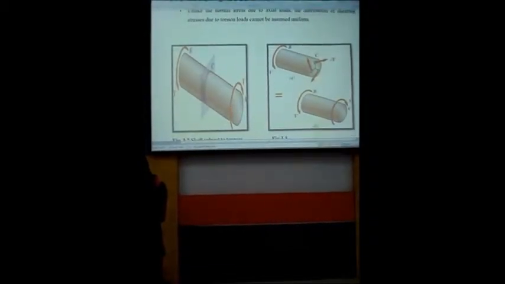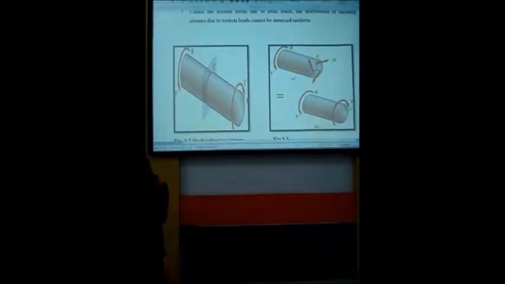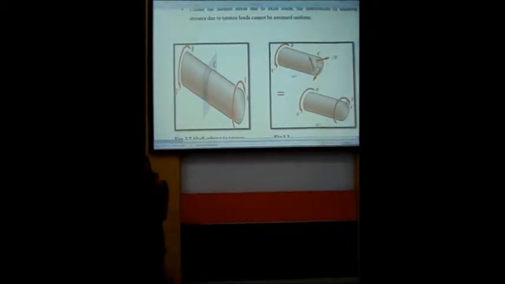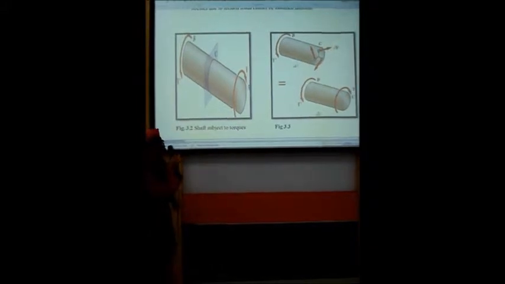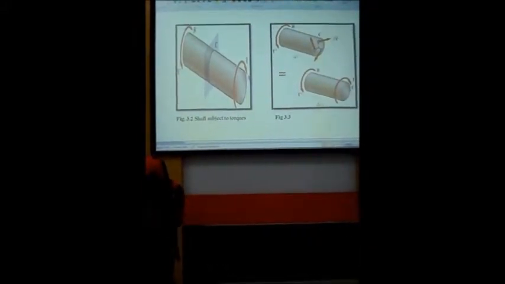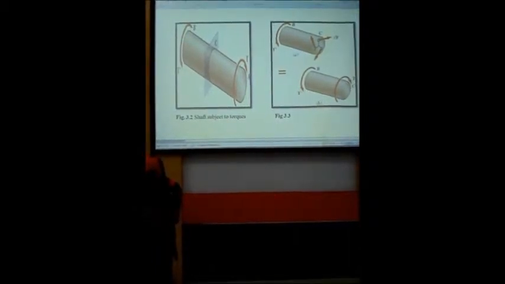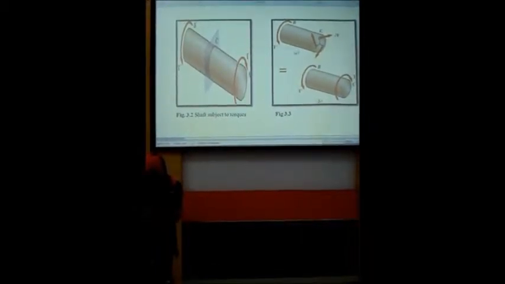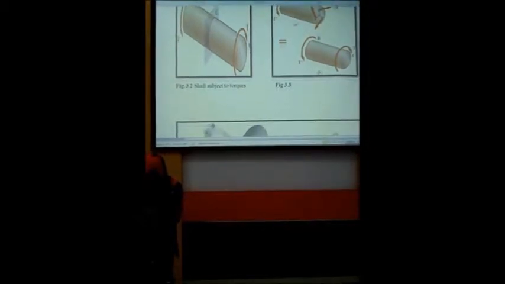Unlike the normal stress due to axial loads, the distribution of shearing stress due to torsional loads cannot be assumed uniform. This is the figure of a shaft subject to torques, figures 3.2 and 3.3.